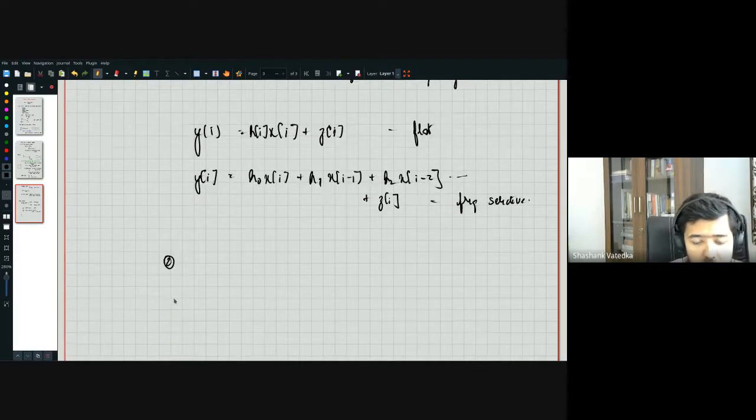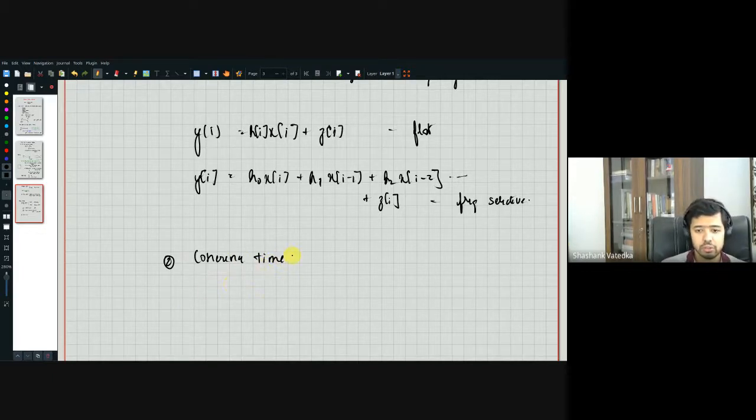Now, depending on the coherence time, once again you can categorize channels into two. If the coherence time could be small, it could be large.